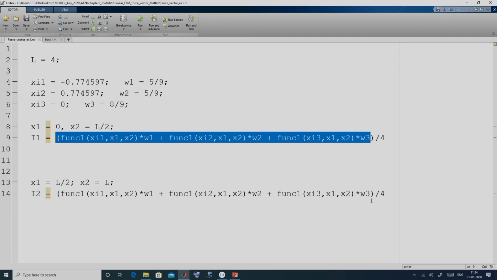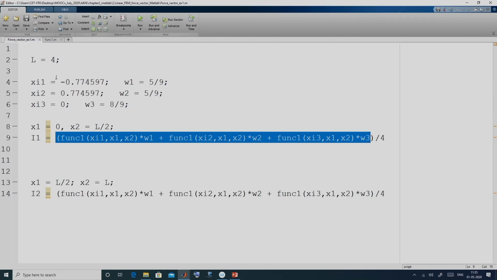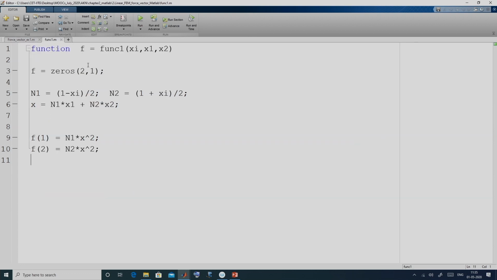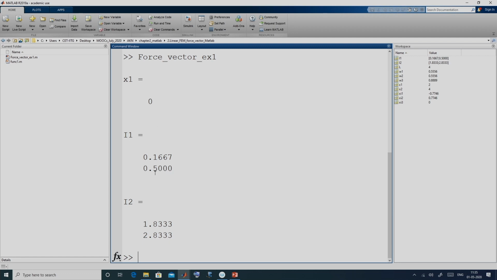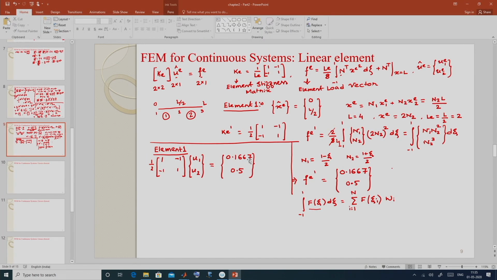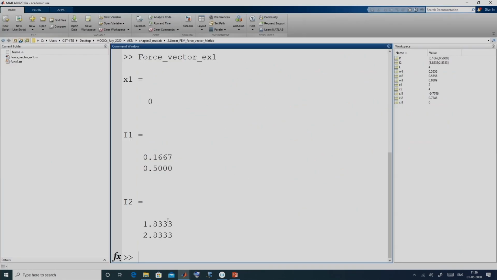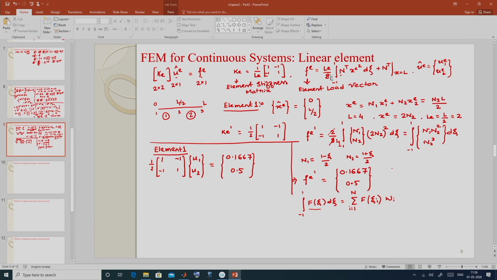So, the only thing which is changing between element 1 and element 2 is the left and right coordinate of the element. Now, if you run this, this is the main MATLAB function which is calling this function func1, that is the integrand. This is I1 which I already wrote, and this is I2. Remember, this is the first part of the load vector.